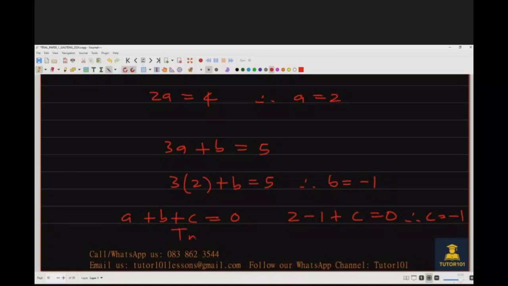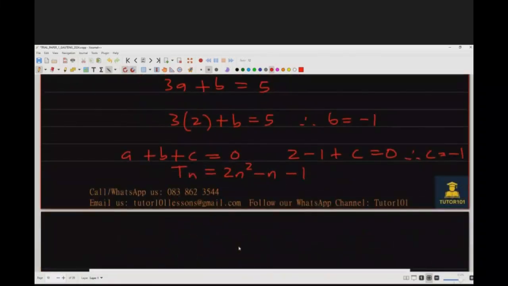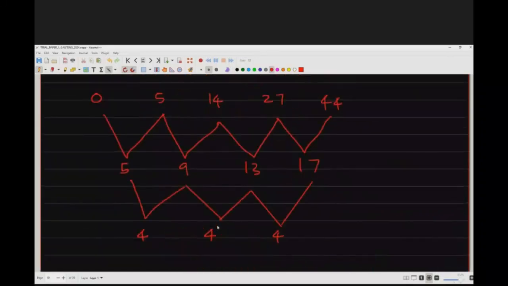So our Tn here is going to be 2n squared minus n minus 1. You can just verify that this is the general rule by subbing the n values into the equation.